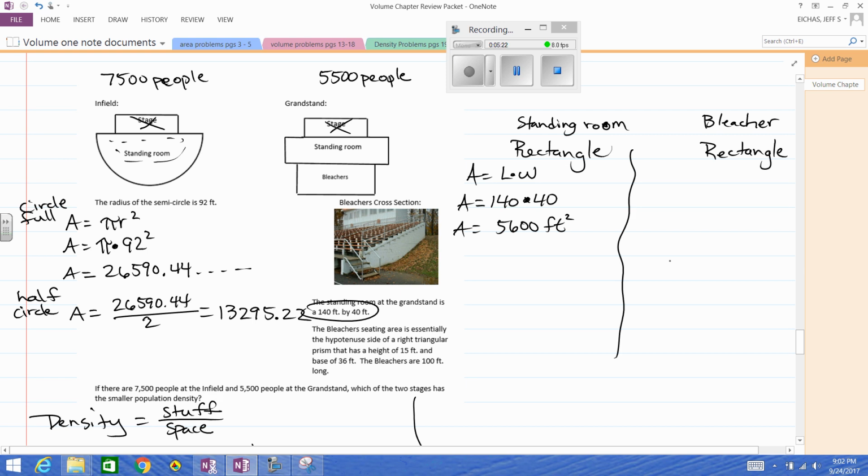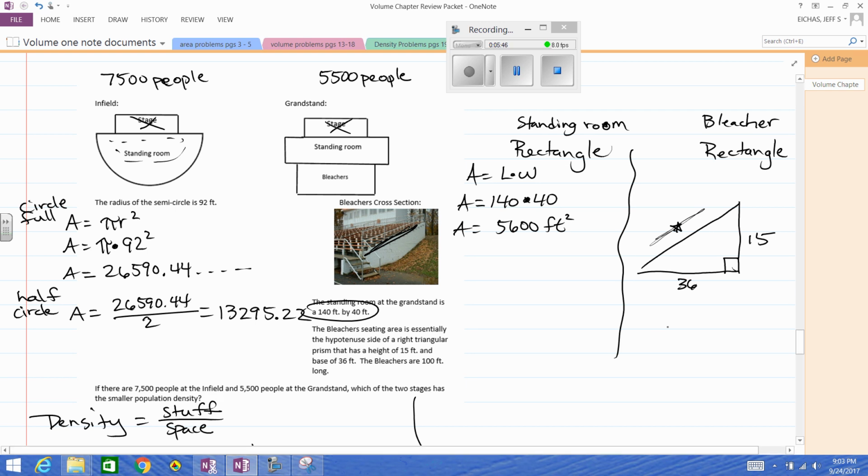But the bleacher is going to be tricky. So let's take a side view here. This is where the bleachers are right here; they're giving us a side view. What we have is a height of 15 and a length of 36. So the first thing is we've got to get how wide the bleachers are.